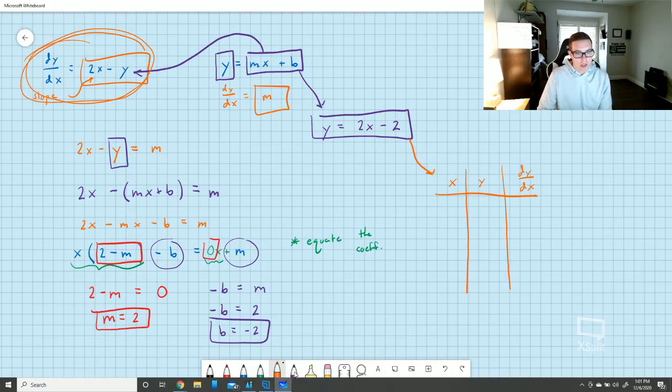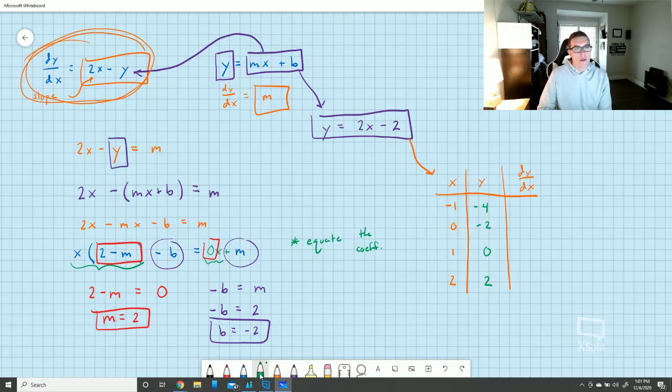Let's pick some points like negative 1, 0, 1, 2. Should be enough to convince you. If I plug negative 1 into the solution, I get negative 1 times 2 is negative 2 minus 2 is negative 4. If I plug in 0, I get negative 2. If I plug in 1, I get 0. If I plug in 2, I get 2.